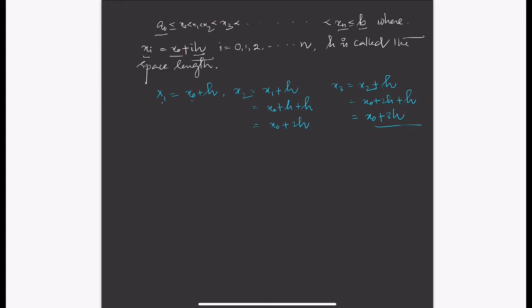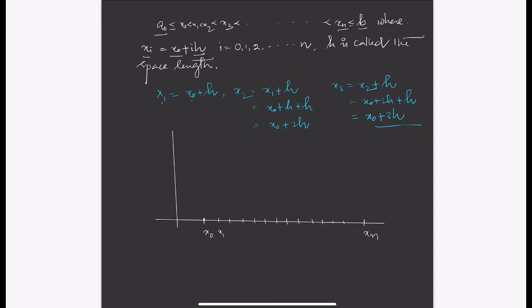If I draw this one, suppose this is my x0 and this is my xn. Equally, I am dividing up to n parts.